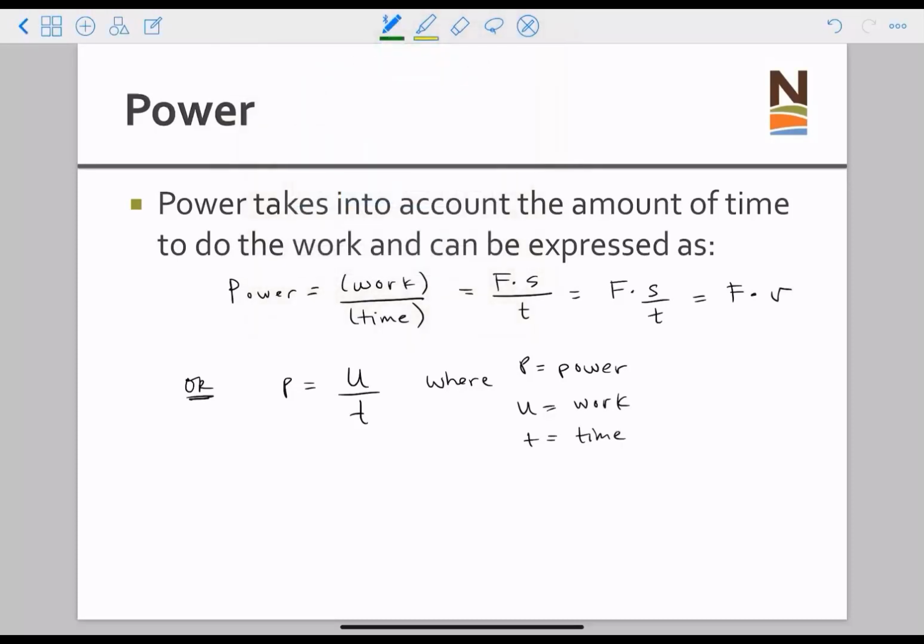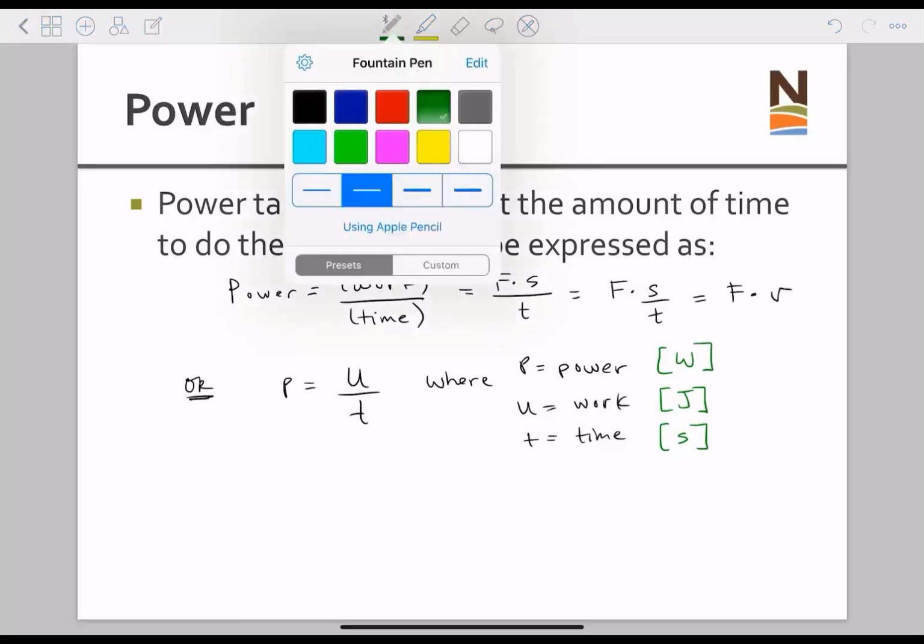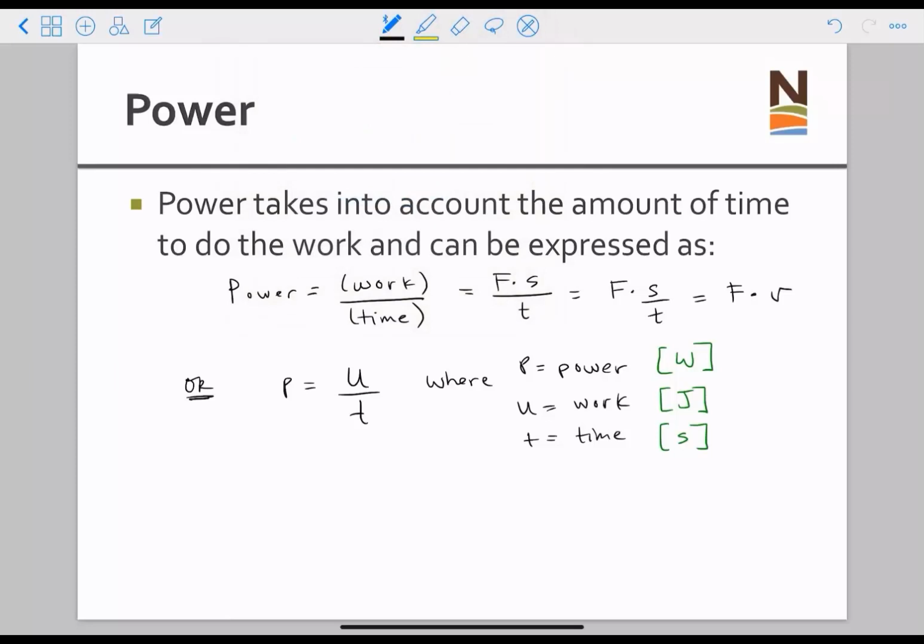and the units for each, well, units for work is joules, units for time is seconds, and a joule per second, if you remember, would be a watt. Okay. So watts is the standard term for power in SI units.